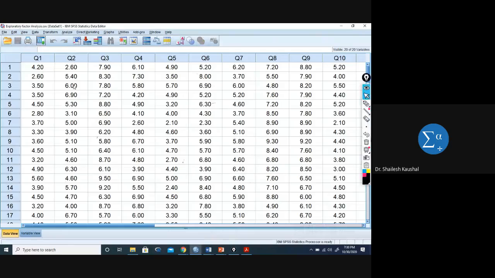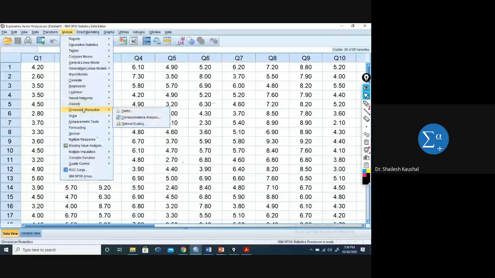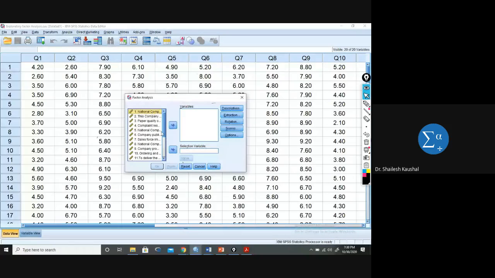Now I am performing the exploratory factor analysis. Analyze, then dimension reduction, and factor. I am taking only 14 questions.